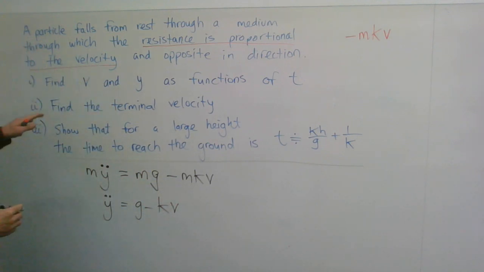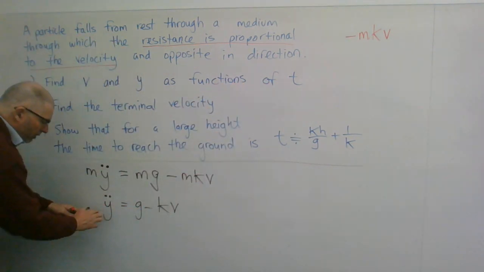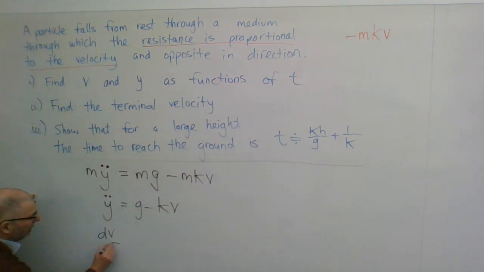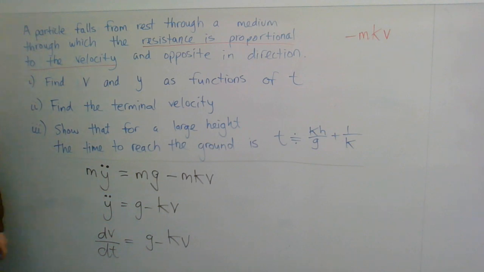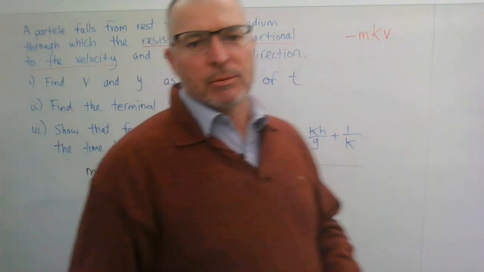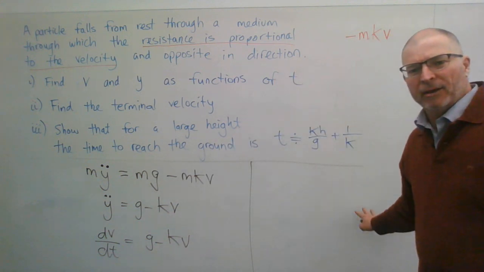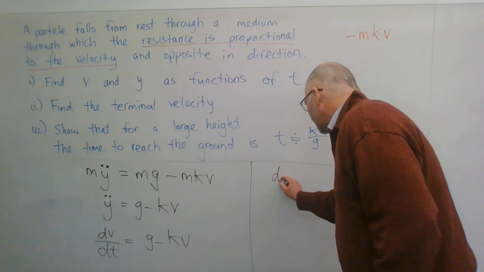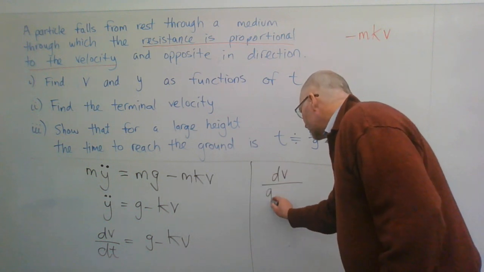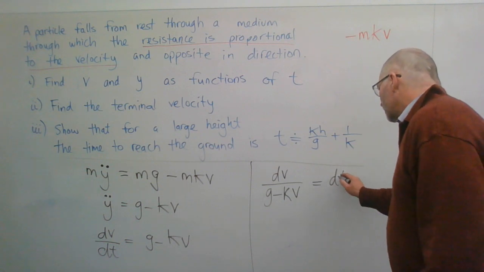And I'm going to want to be getting the velocity as a function of time. So this is dv/dt equals g minus kv. I think I've got a little bit of room here to continue working that you'll be able to see. So I'm just going to say that dv on g minus kv is equal to dt.